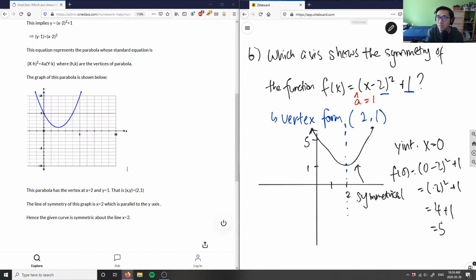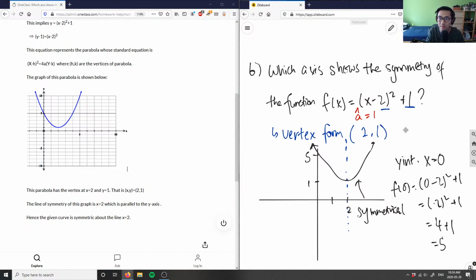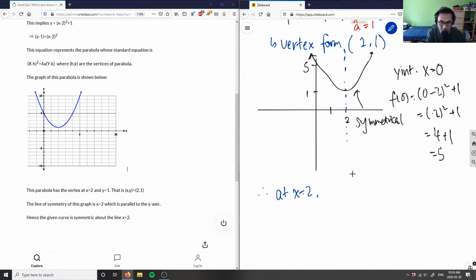So I'm going to write a therefore statement. Therefore, x equals 2 shows the symmetry of the given function.